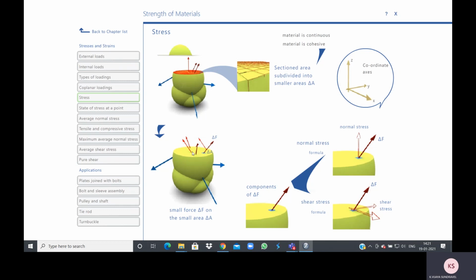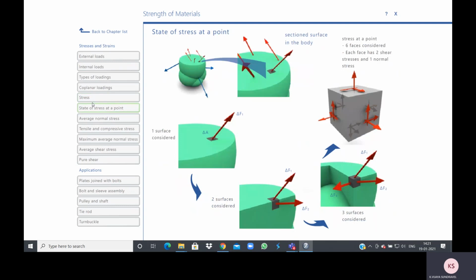So next one is the strain. An element in a material subjected to stress is said to be under strain. The strain is deformation produced by stress. The various types of stress strains we will see briefly.